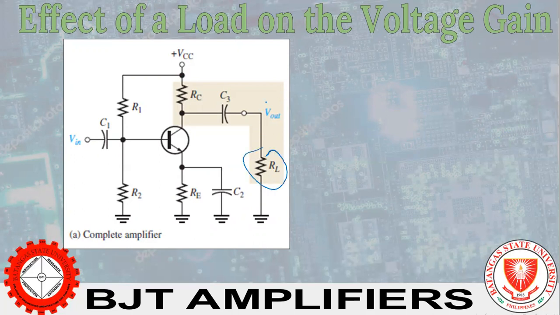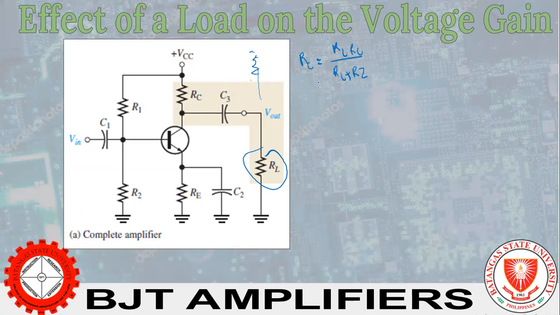Okay, so next nating tingnan ay kung ano naman yung effect ng load sa voltage gain kapag may RL. So, kapag may RL, itingala natin tong ground, itingala natin doon. Ayan. So, nakaparallel si RL kay RC kung makikita natin. Therefore, yung RC na makikita ng AC is the parallel of RL and RC. Okay, so yun yung magiging effect ng dalawa.